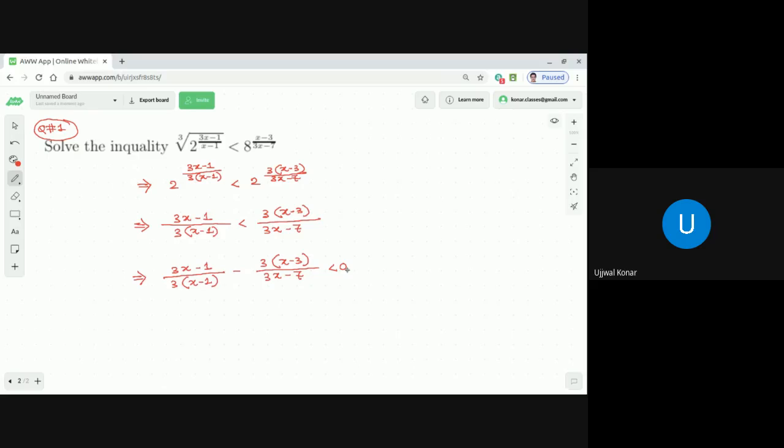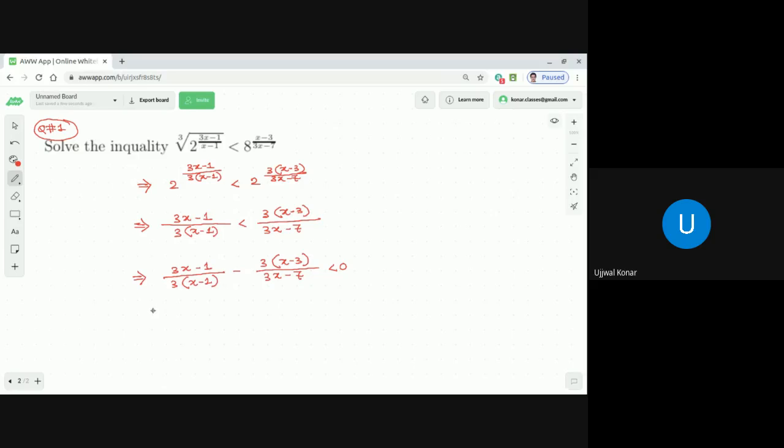That you are allowed to do. If you recall, when you add or subtract a quantity on both sides, the inequality remains the same. Now we can simplify this.